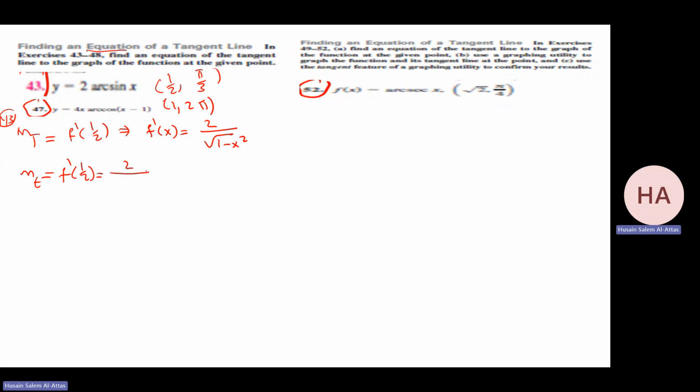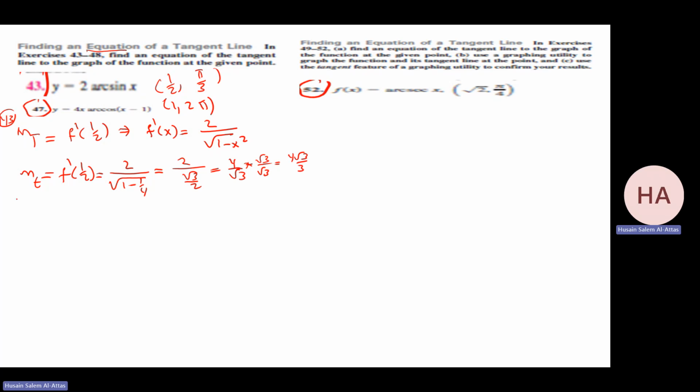We'll do it step by step. 2 over square root 1 minus 1 over 4. And that will be 2 over square root 3 over 2, which is 4 over square root of 3. I can rationalize it. So it will be 4 root 3 over 3.